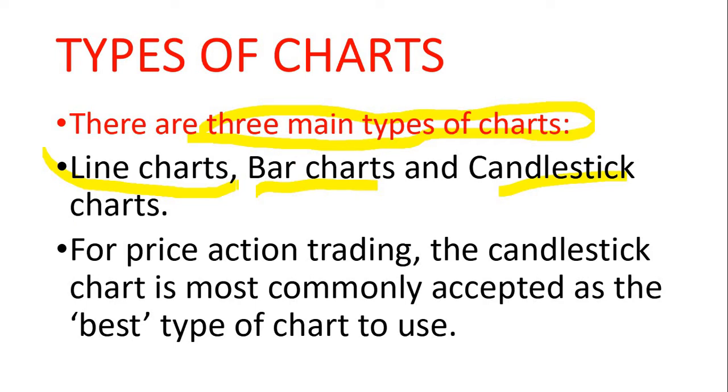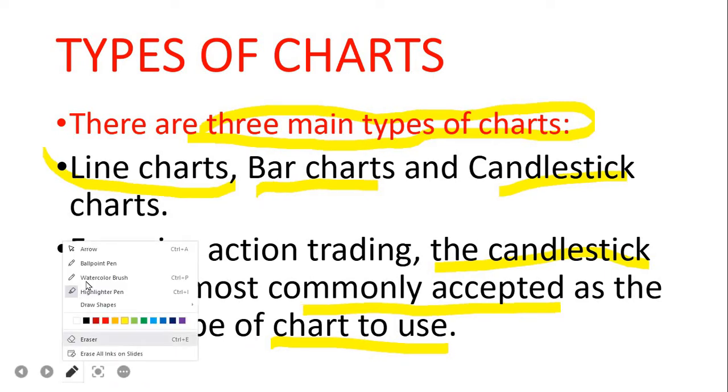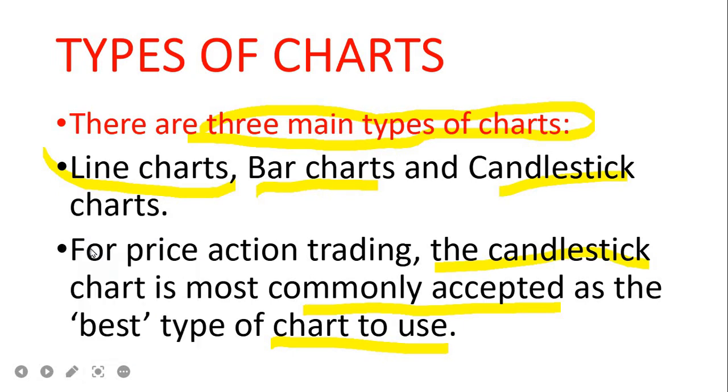For those who are into price action trading, the candlestick chart is the most commonly accepted as the best type of chart to use. It is the most suitable for trading price action.